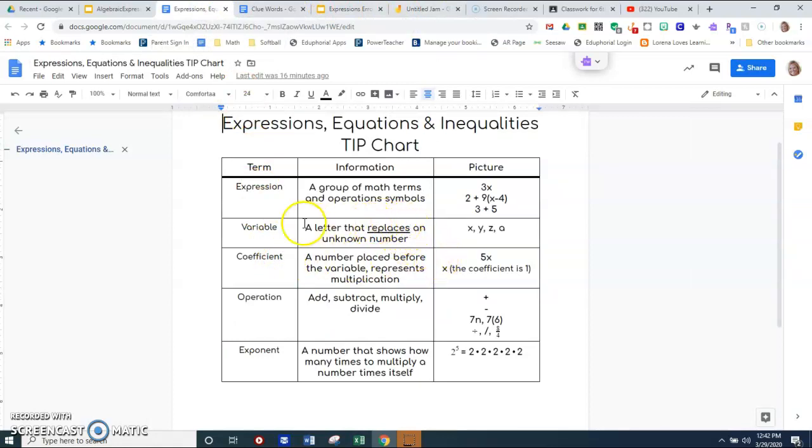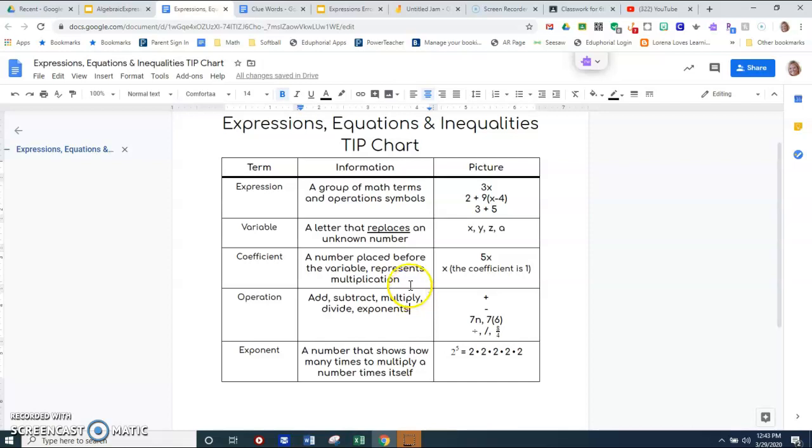So we will be using variables. You will see coefficients again. Remember, that's just the number in front of the variable, and anytime there's a coefficient like this, that means multiplication right here. So that's exactly what that means. And then you have to have an operation. I'm going to add something to this because later it will be important, but exponents.